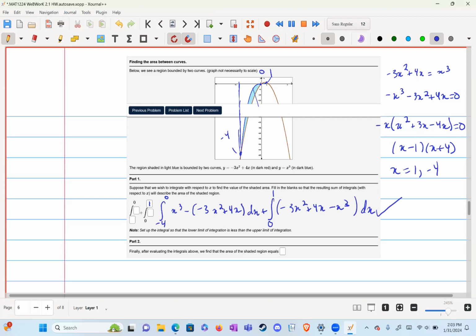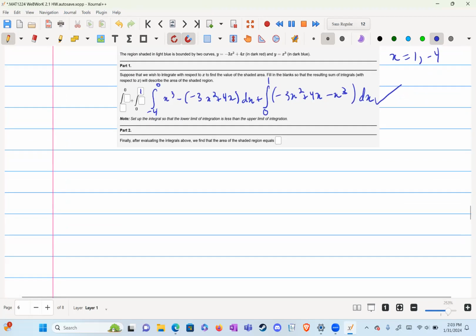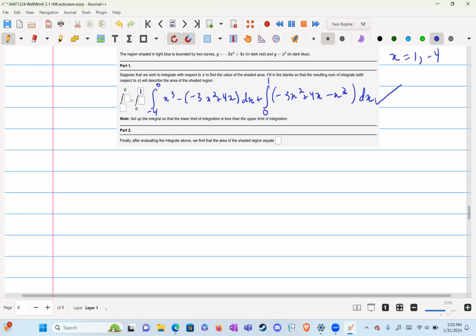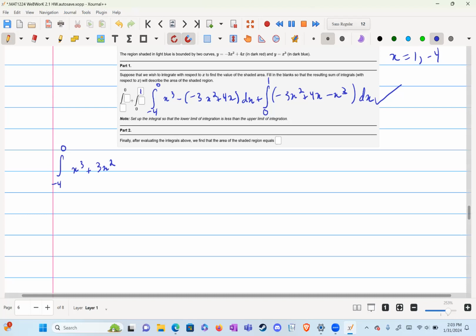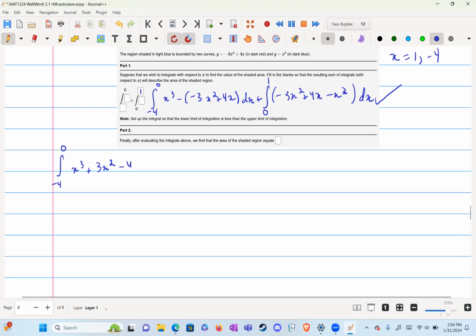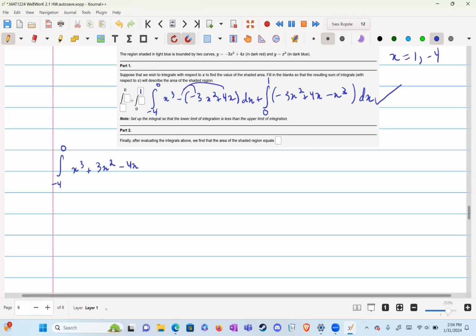Now we just need to evaluate this integral. So we'll just do one integral at a time. The integral from -4 to 0 of x cubed plus 3x squared minus 4x dx. We're distributing the negative.